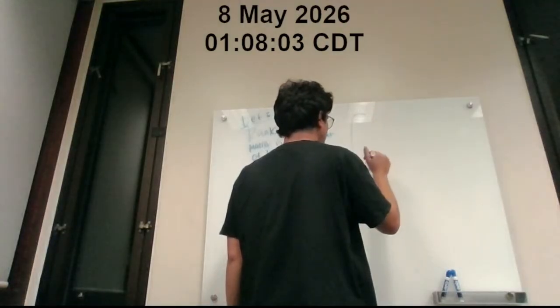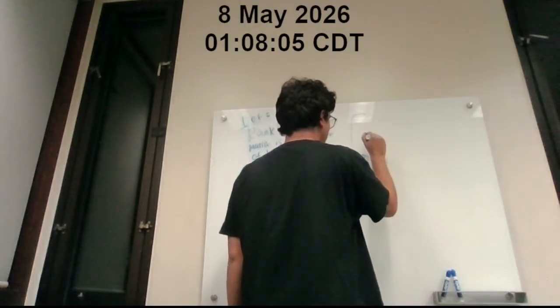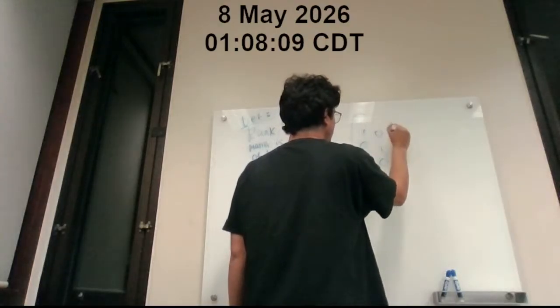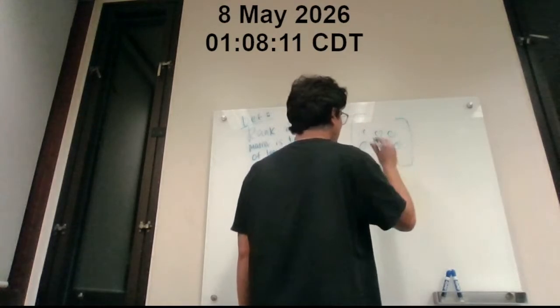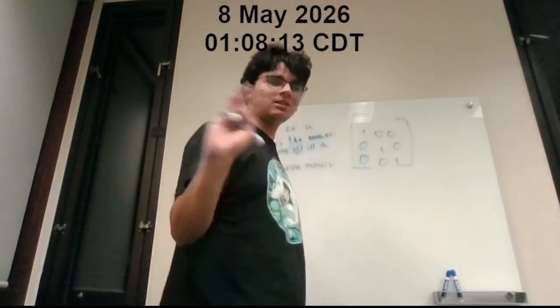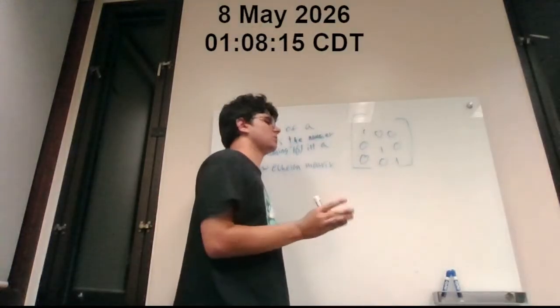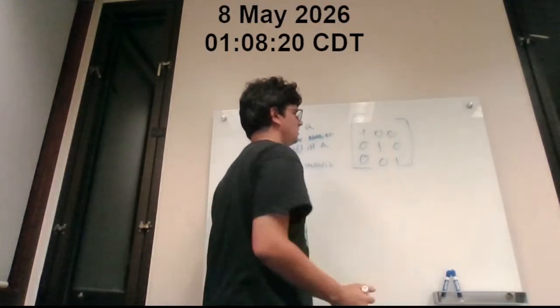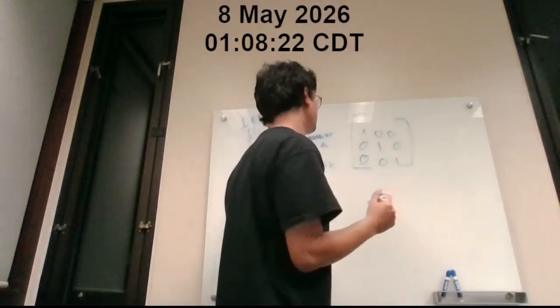So for the example, the matrix, this is an important matrix. It's going to come up later. Hello, identity matrix. Everyone say hello, identity matrix. Identity matrix is so cool. It's going to be very important later, but you just hear it now because I can't think of any better example.